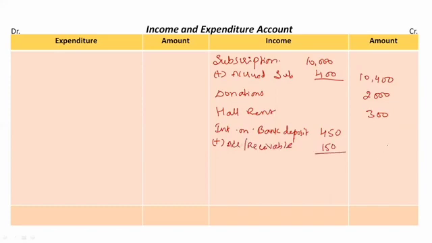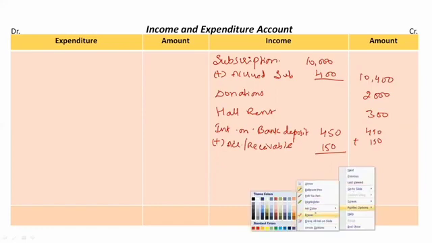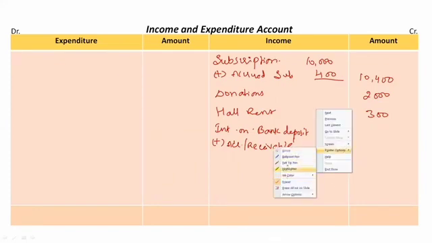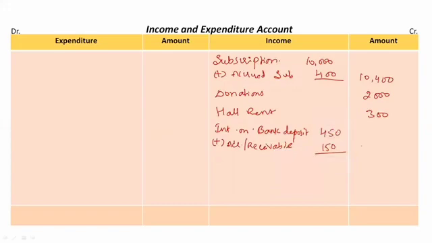So put the total in the outer column. You cannot do it like 450 plus 150 here in the outer column. It's totally wrong. In the final amount column, or the outer column, you should put the final amount. Whatever adjustments you have to do, you should do it in the inner column itself. Clear? So 600 rupees is the interest on bank deposits, which is income for an NPO.